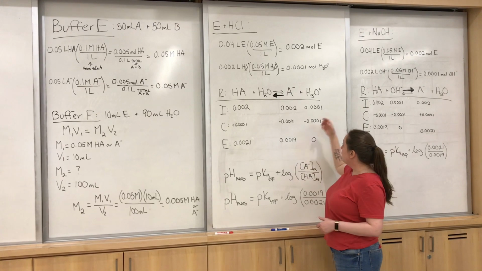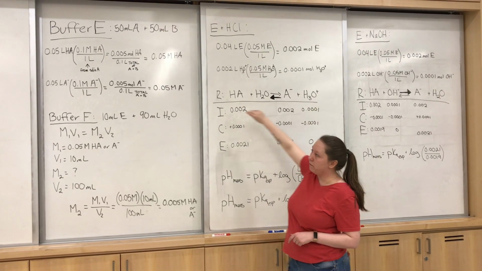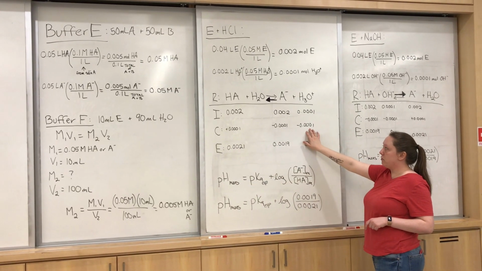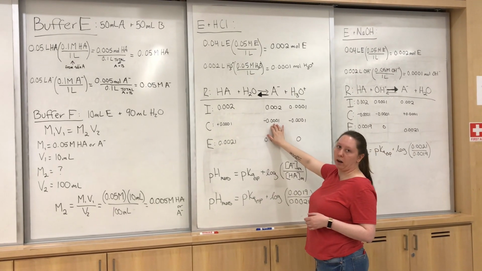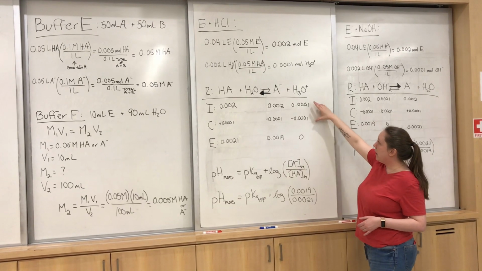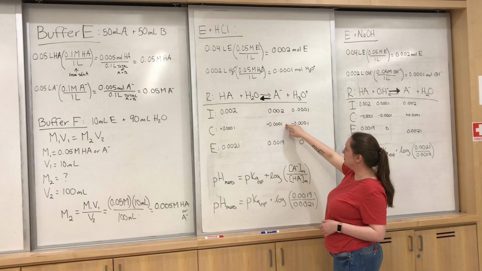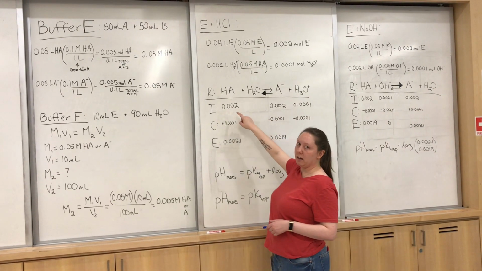Now, since we're adding H3O plus, we're doing the reverse reaction. So all of our H3O plus, strong acid, is reacting with our conjugate base. So we're subtracting how much we're reacting from our conjugate base. So this is reacting with this, and we're creating this.